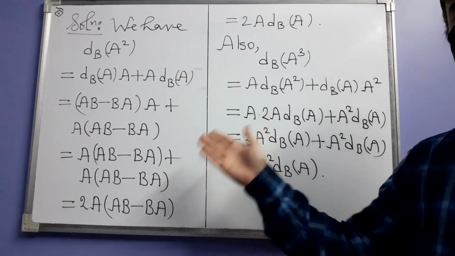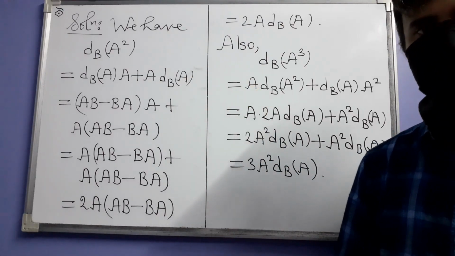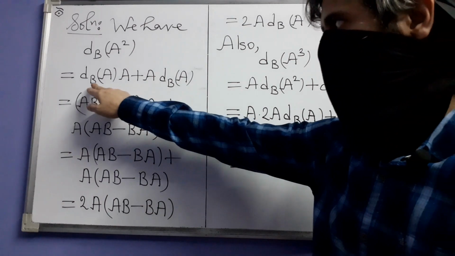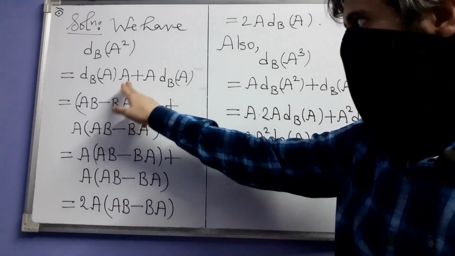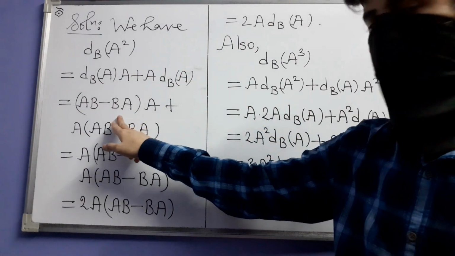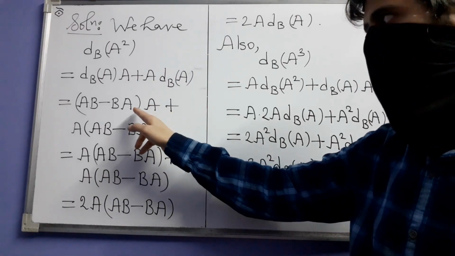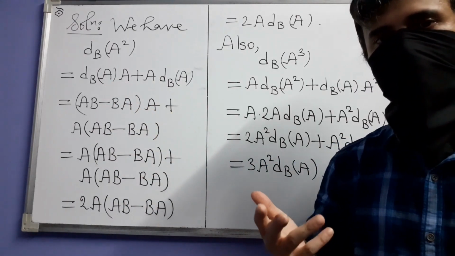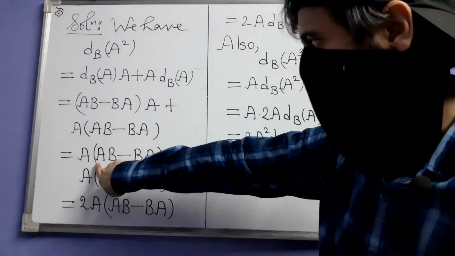Okay, so this is how we start the solution, by calculating dB of A squared. By using part A, that becomes, because A squared is A times A, so this is dB of A times A plus A times dB of A. Now dB of A is simply AB minus BA, so here also we put that. And then we recall that AB minus BA, it is given that it commutes with A. So this product will be equal to this product.